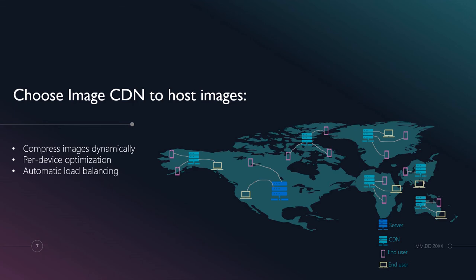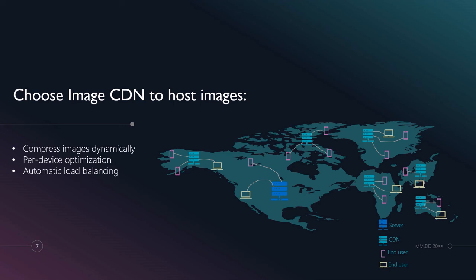For example, if a mobile user on a slow network is accessing information from your website, then if you are using image CDN, it provides compressed images depending upon the network, and it resizes the images depending upon the device.